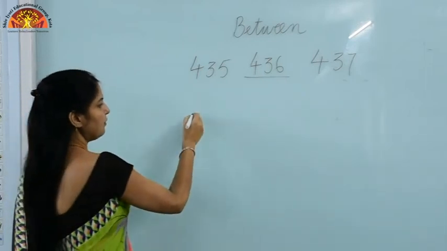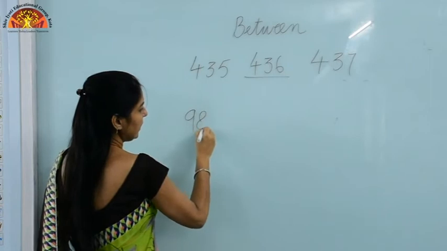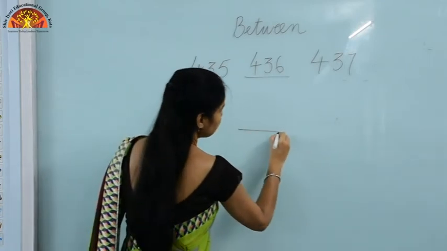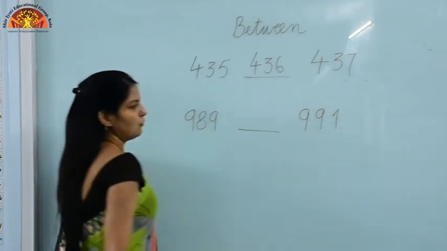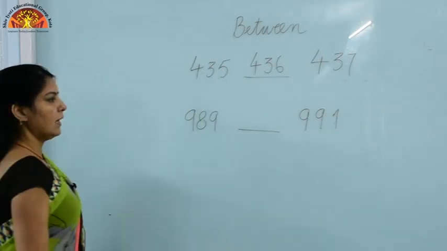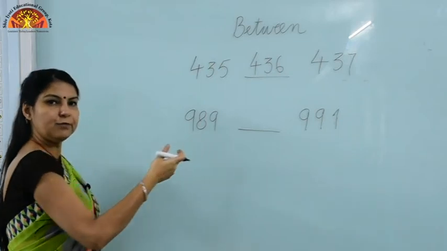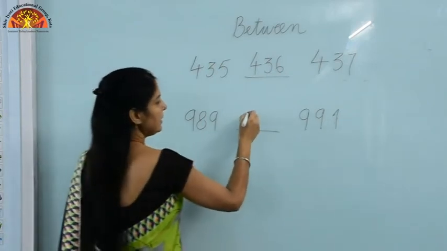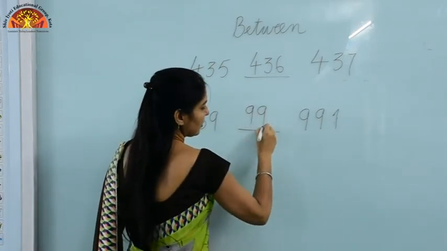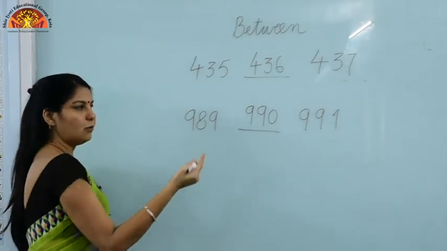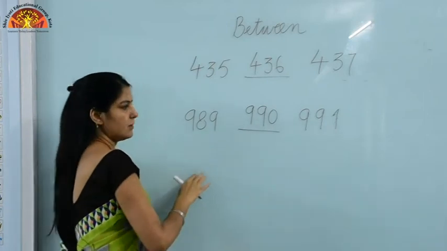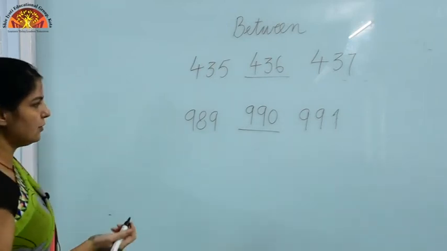Let's see one more example. 989, 991. What will come between them? After 989, what will come? 990. You can add 1 to this number and then you can find the after number of this. I hope you have understood.